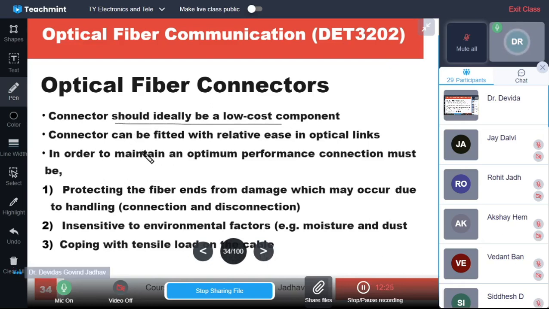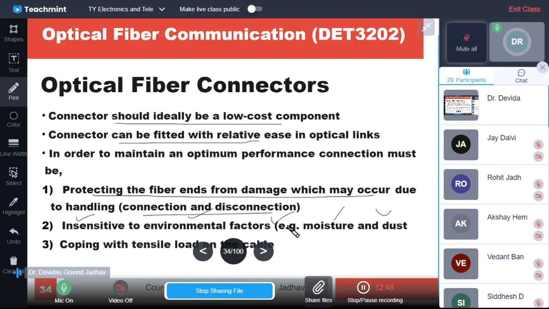The connector should ideally be low cost, obviously, and easy to use in the optical link. In order to maintain optimum performance, the connection must protect the fiber ends from damage during connection, be insensitive to environmental factors, that is moisture and dust, and cope with tensile load.